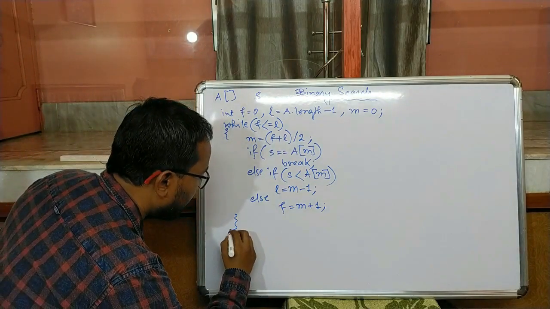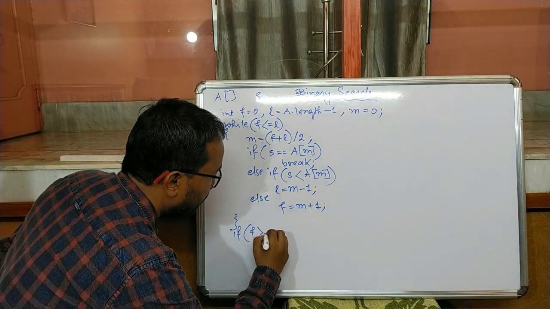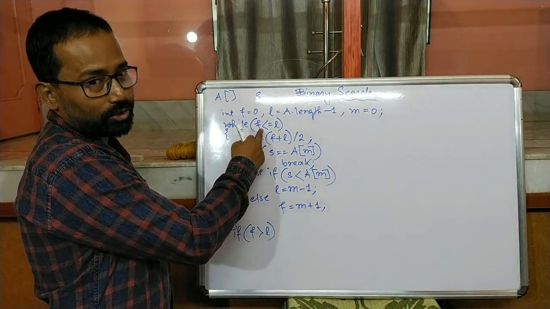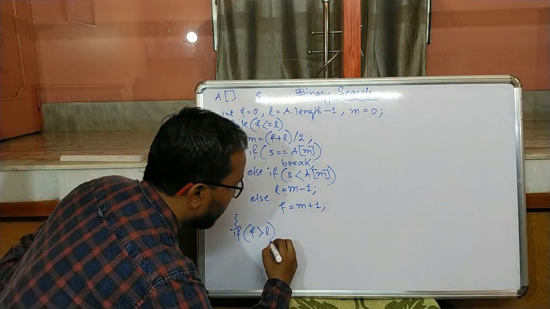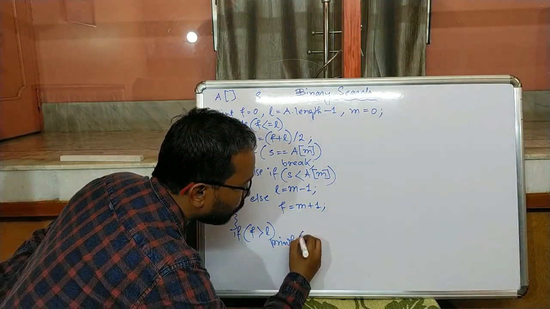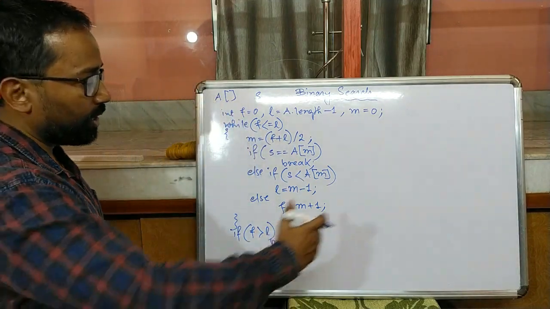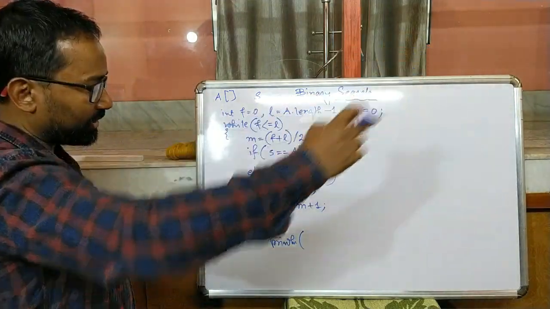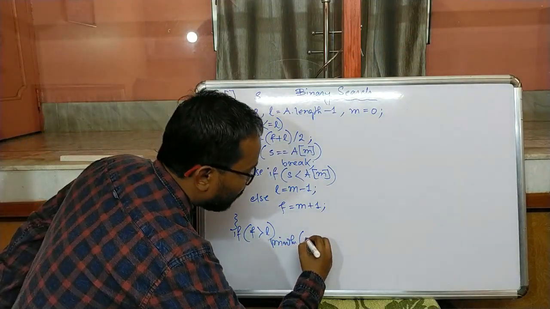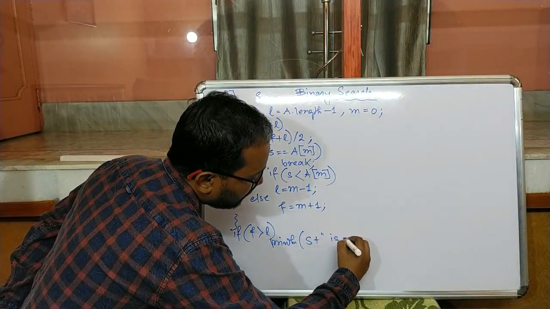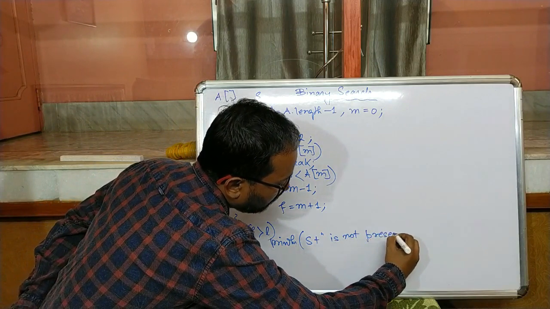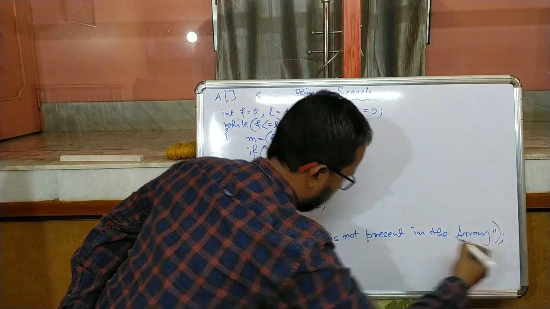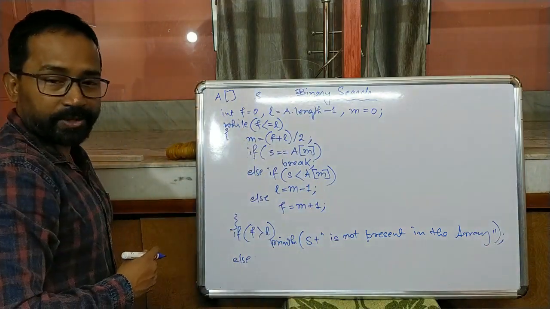So here I am checking if F is greater than L. F greater than L means this condition was false, so the value is not present. Here you write System.out.println. I am not writing System.out.println because my board is very small. We will not get that much space to write the full println statement. So here we will write, S is not present in the array, and else it is present, where?